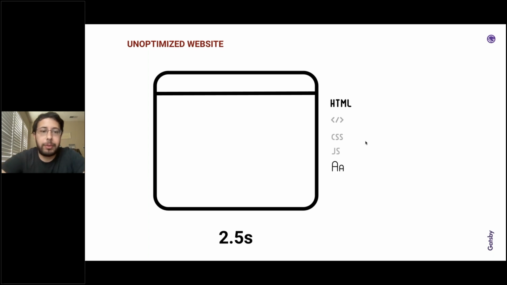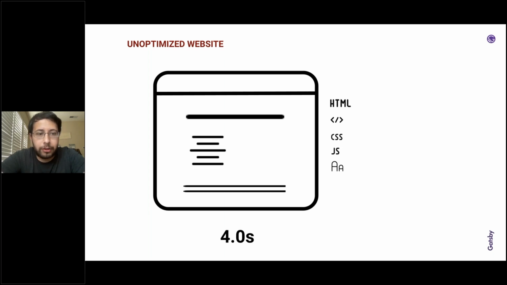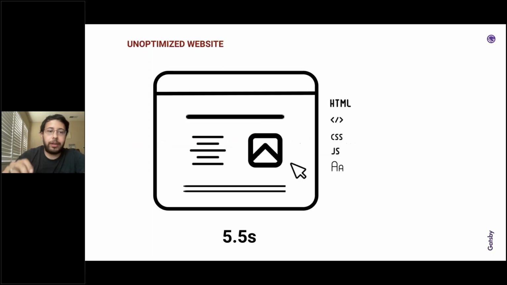So it starts streaming the other elements of the page, and then the content starts coming in, and then it starts bouncing around to load. Finally, we hit interactivity at 5.5 seconds. There's a lot that happened there. Don't worry, we're going to go through this again as we go through the presentation. So let's go to the next one.